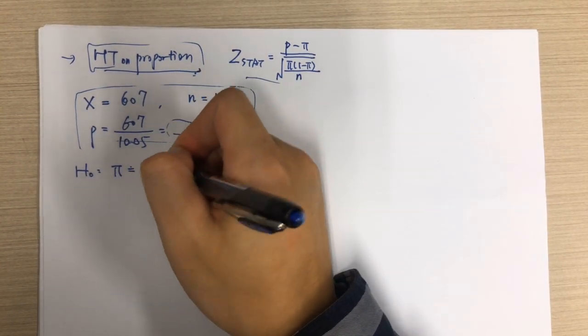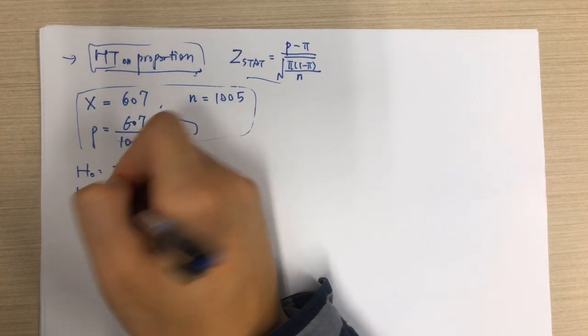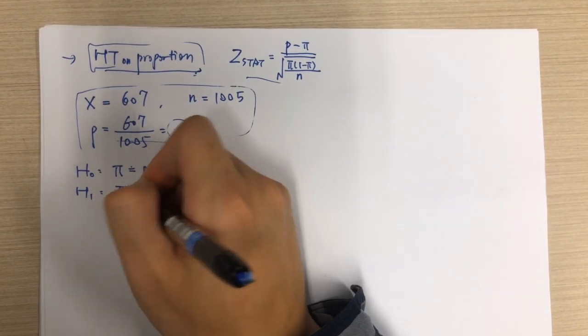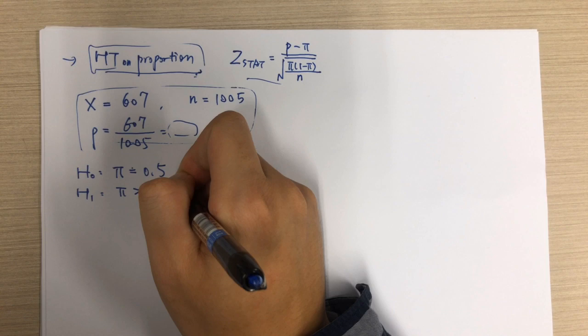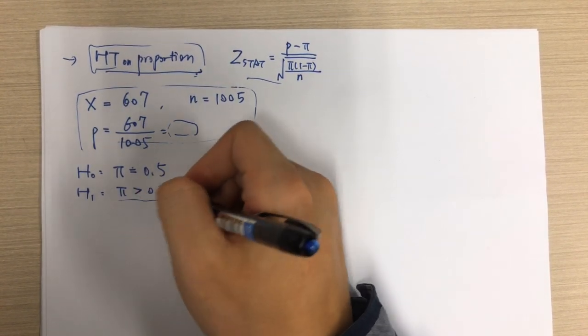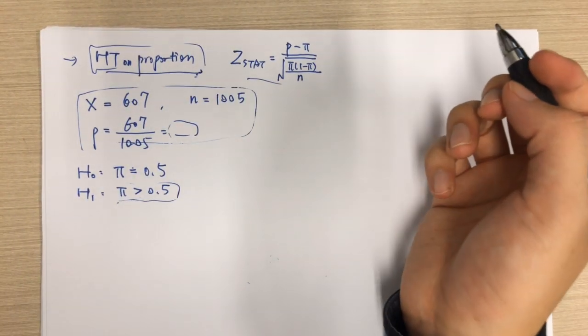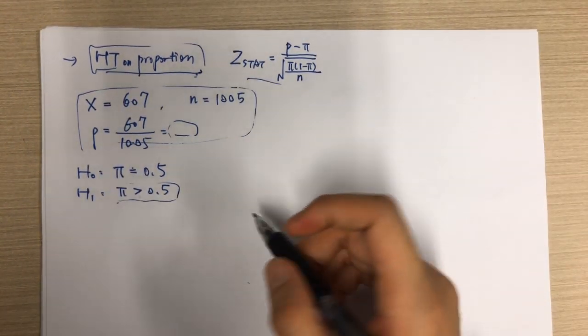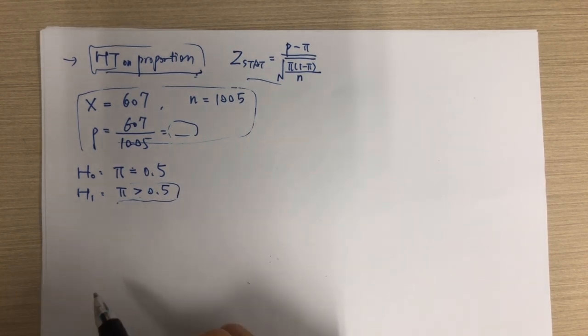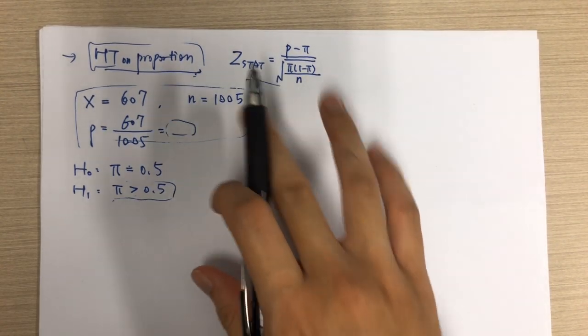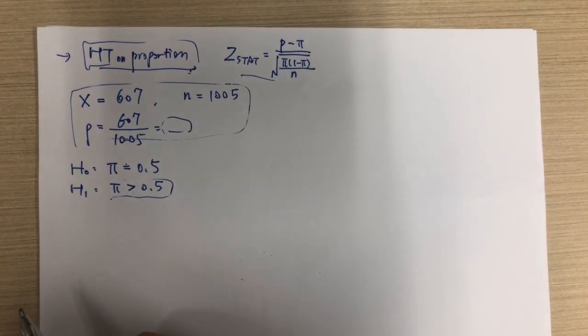So pi equals 0.5. And the alternative hypothesis will be pi greater than 0.5, because we are going to test whether we have enough evidence that pi is greater than 0.5, right? Okay, once we set up the hypothesis, now it's time for us to perform the hypothesis testing.